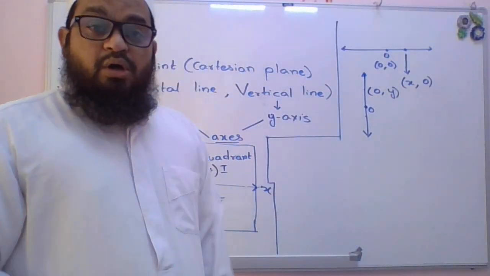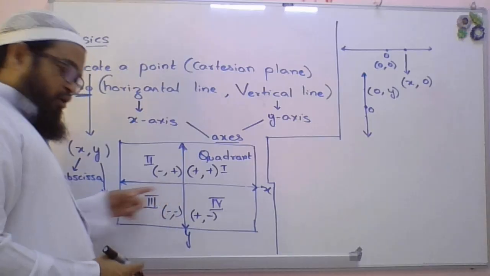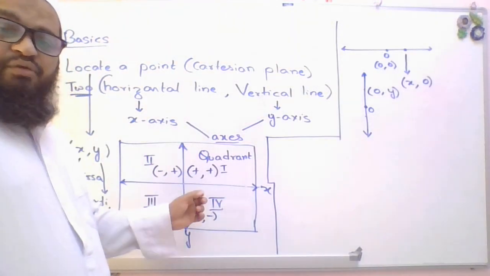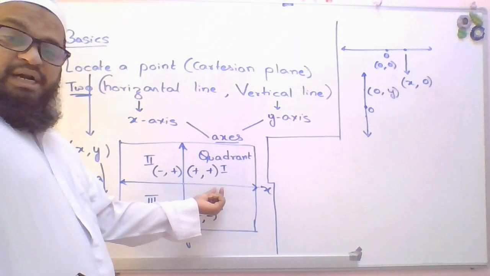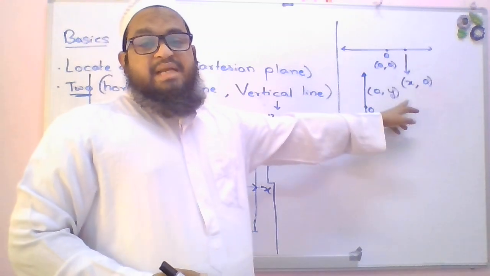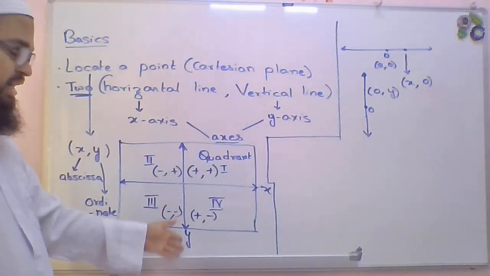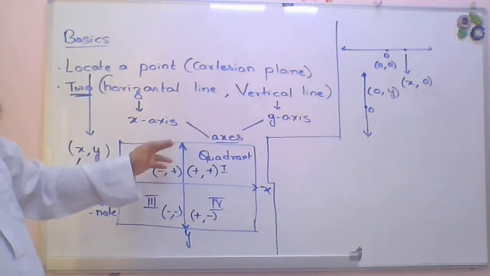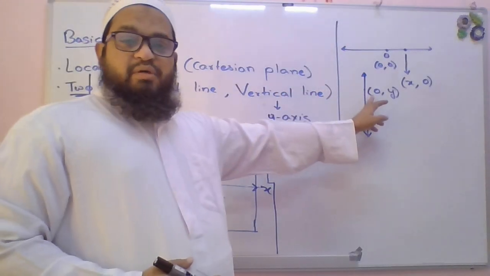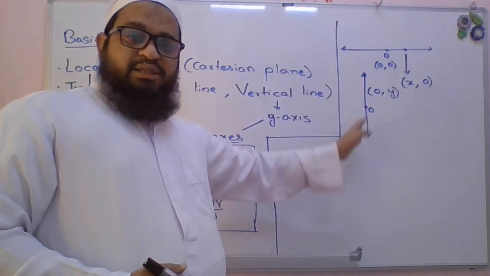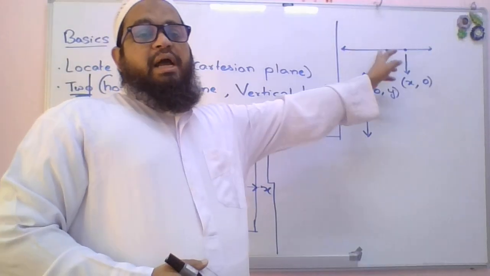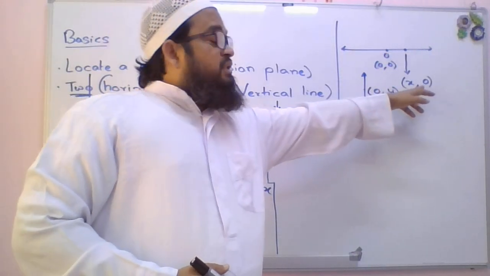Understood or not? So on the horizontal line, the point will be in the form (x, 0), and on the y-axis the point will be in the form (0, y). That is, on the y-axis the x coordinate is 0, and on the x-axis the y coordinate is 0.